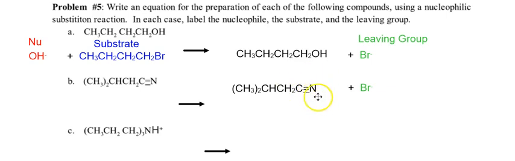And what is the charge of my product? It is neutral. So what must be the charge of my nucleophile? Must be negative, and there's your cyanide ion. So once again, where the cyanide goes, that's where the bromine is going to start out, but it's going to leave, and the cyanide is going to come in and take its place.